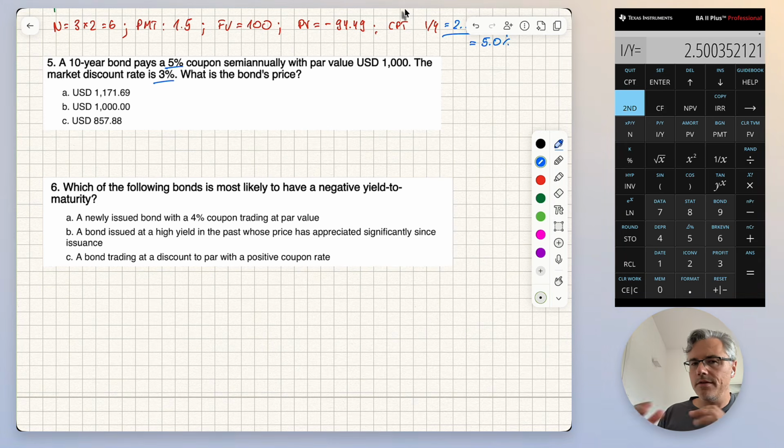So don't worry about having to double one or the other, and don't ever be fooled into thinking that because the coupon rate is semi-annual, this is the rate paid per 6 months. No, it's always the rate paid per the entire year.